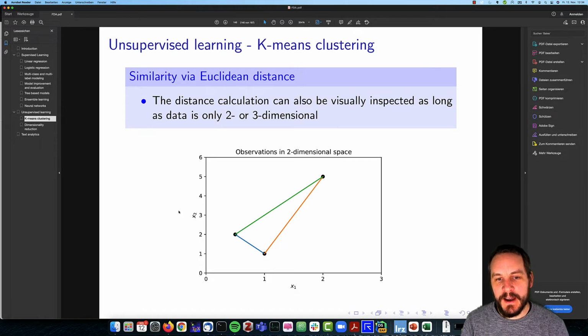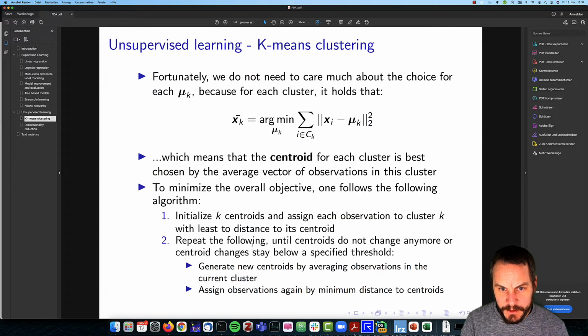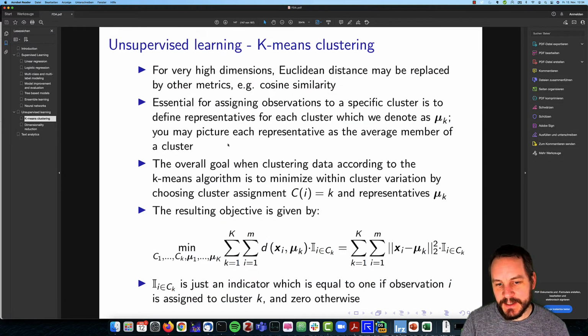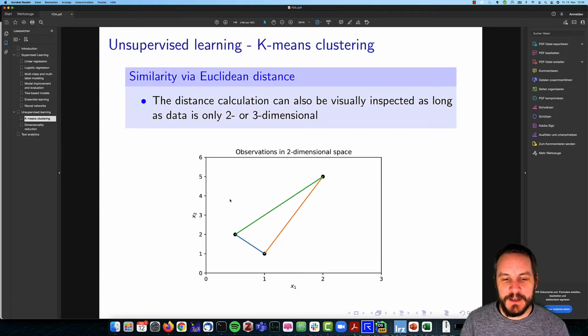The algorithm is supposed to find clusters with what are called centroids, so picture each as a representative of the cluster. For instance, it would be quite reasonable to use one cluster for those 2 points and one cluster for this individual point.